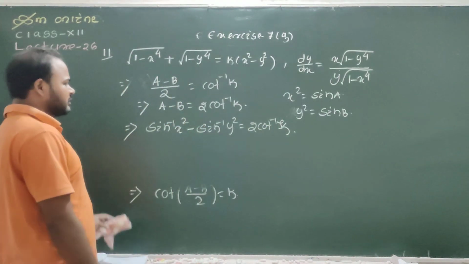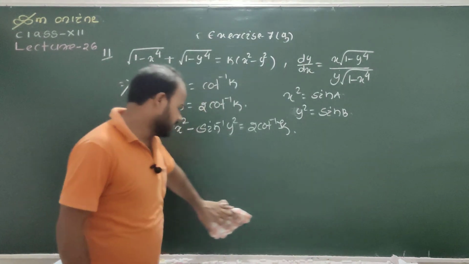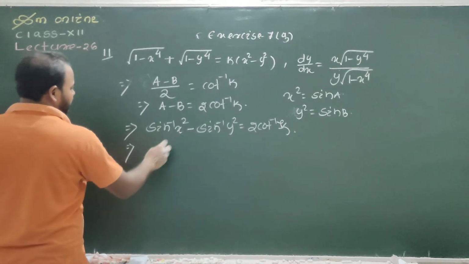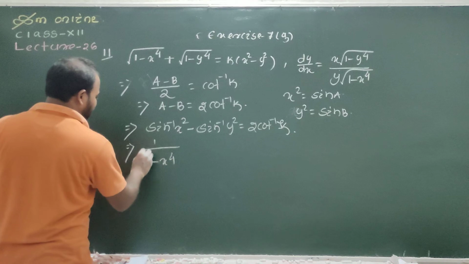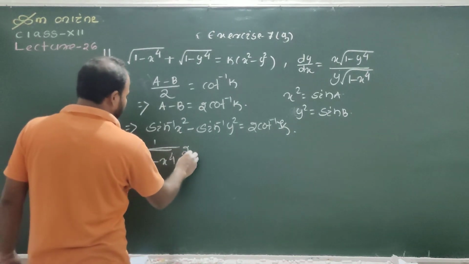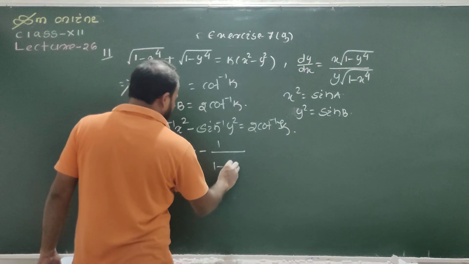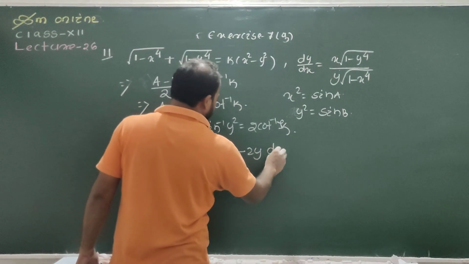And differentiating both sides with respect to x, we get 1 by root over 1 minus x to the power 4 into 2x, minus 1 by root over 1 minus y to the power 4 into 2y dy by dx.